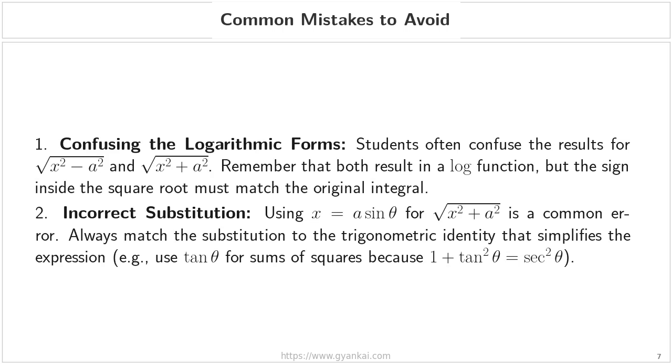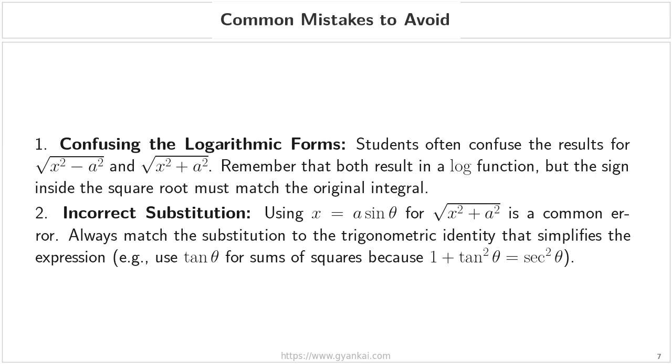2. Incorrect substitution. Another common mistake is choosing the wrong trigonometric substitution. For example, attempting to use the substitution x equals a sine theta for an integral with the square root of x squared plus a squared is incorrect. The key here is to match your substitution to the trigonometric identity that will simplify the expression under the radical.